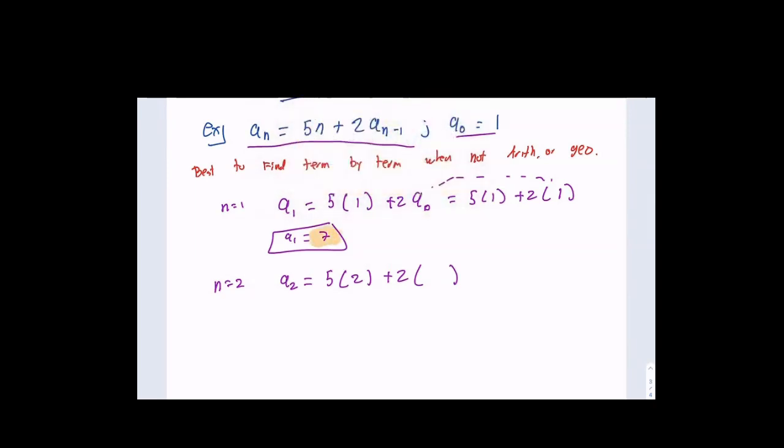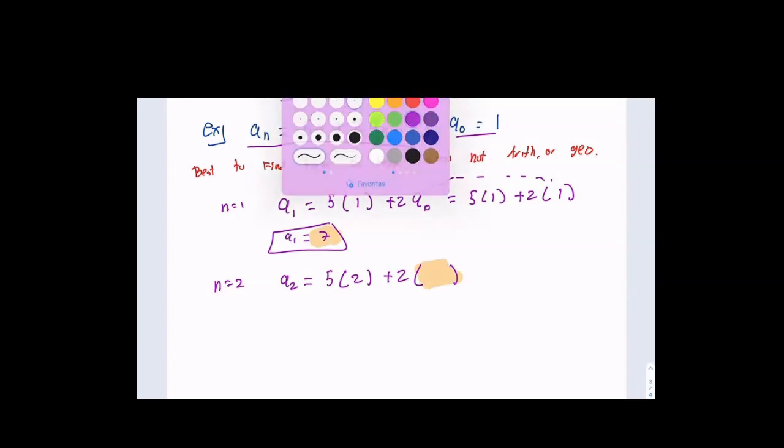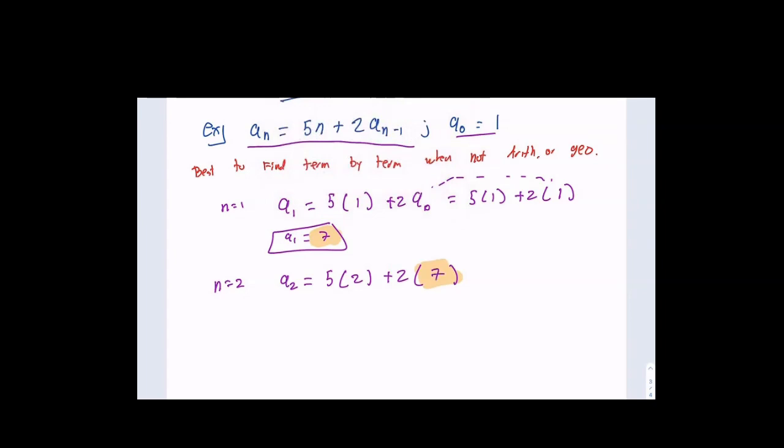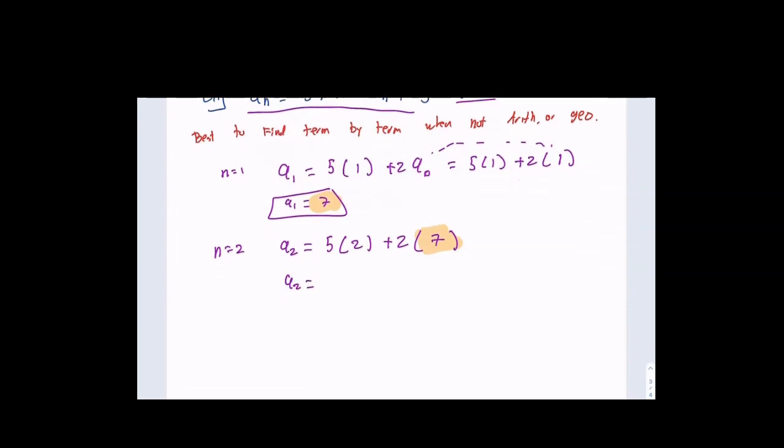So I use the previous term right here. This is where I take my previous term and I plug it in. So A2 is 10 plus 14, which is 24. Perfect.